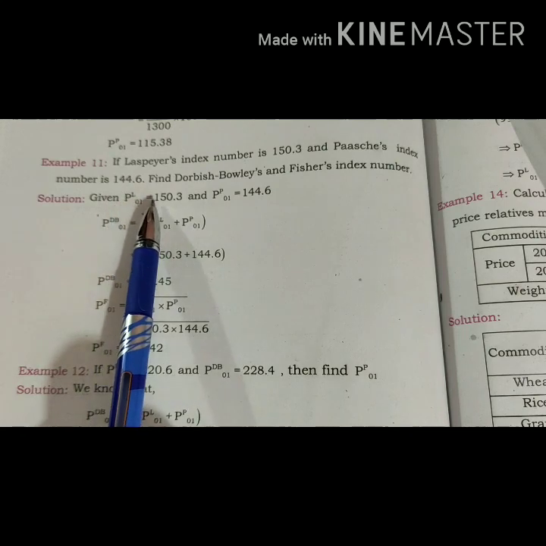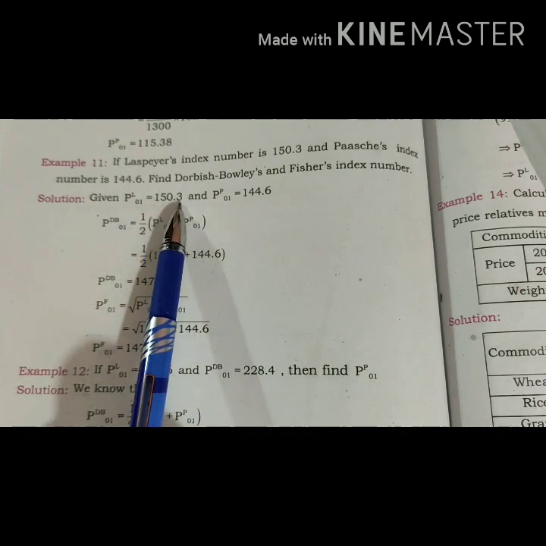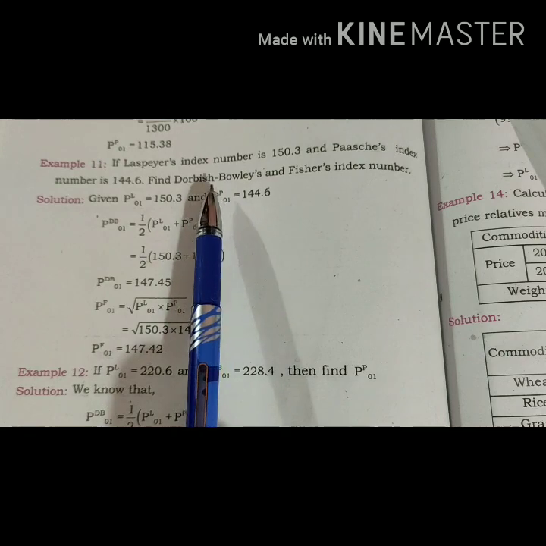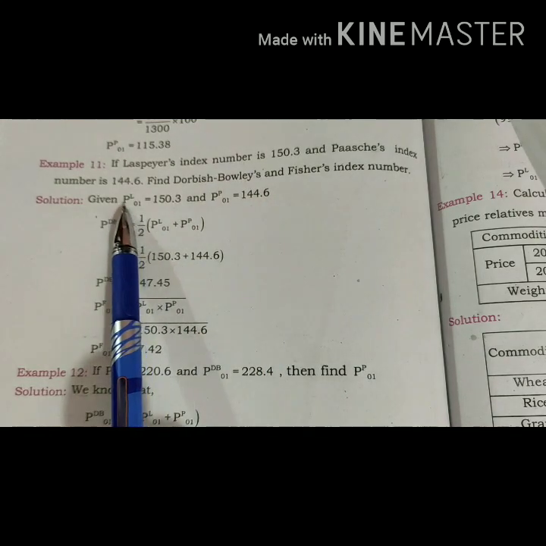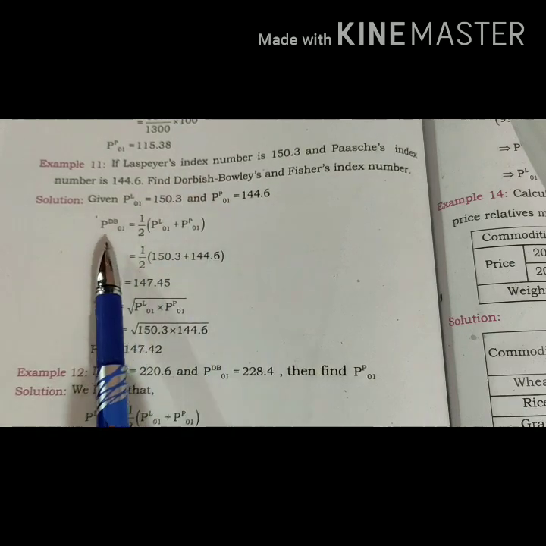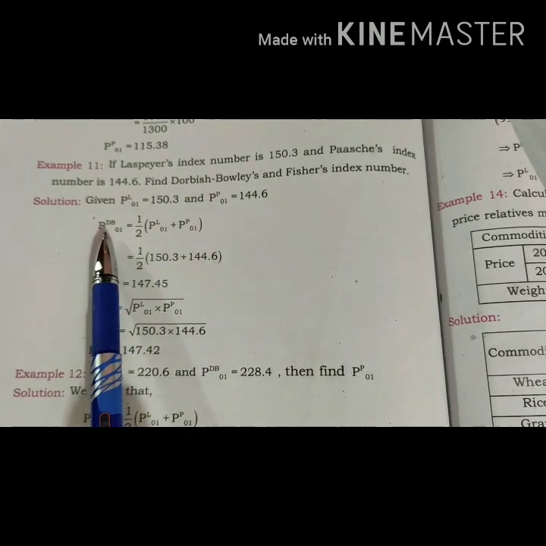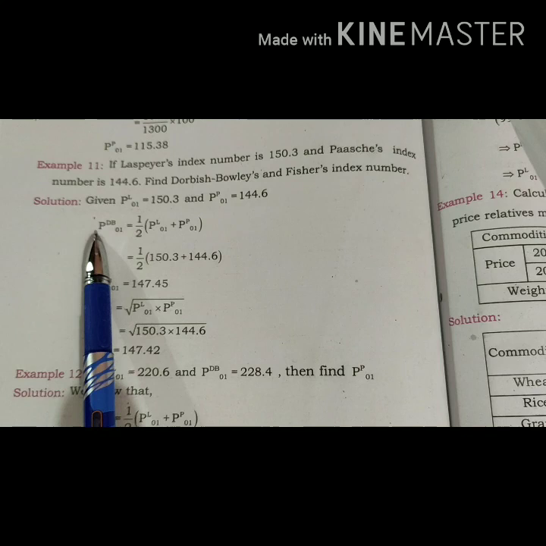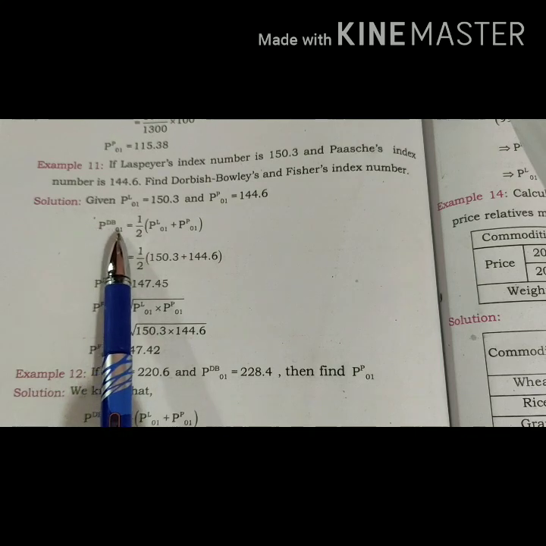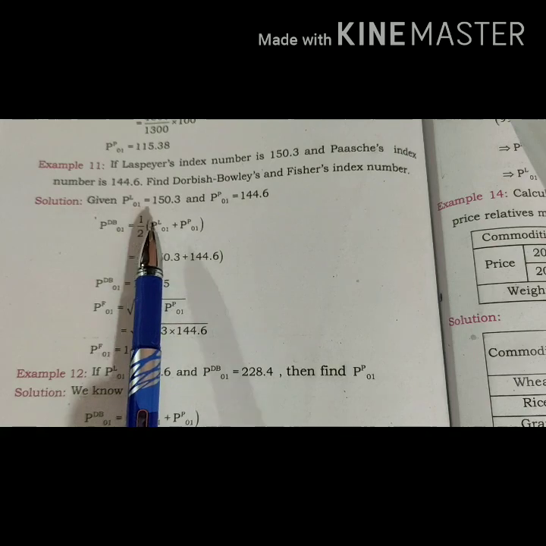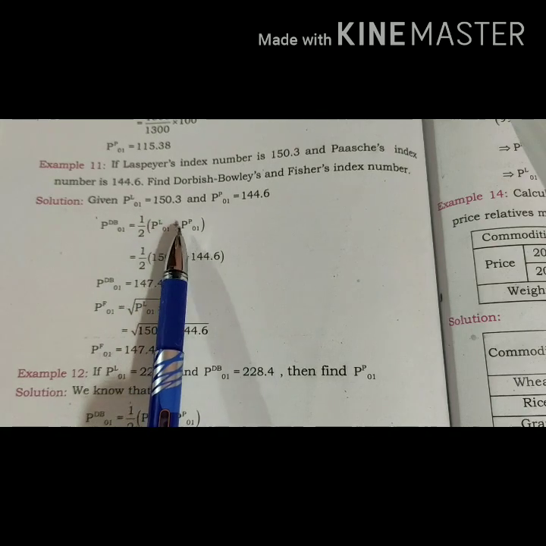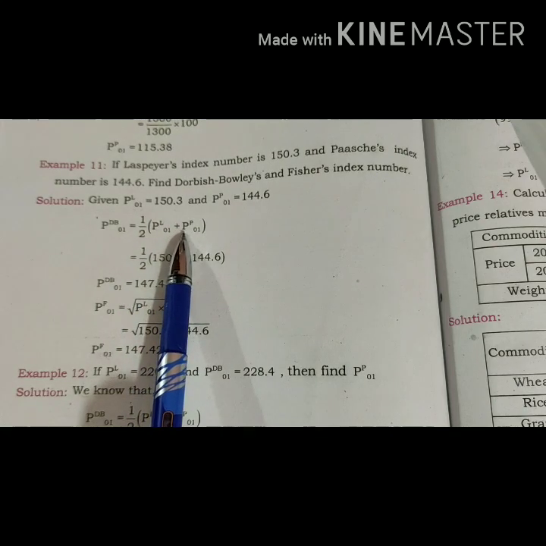Given P01 to the power L which is equal to 150.3, P01 to the power P which is equal to 144.6. This is Laspeyres and this is Paasche. So take down the formula: Drobish-Bowley's price index P01 is equal to half of the Laspeyres price index plus the Paasche price index.